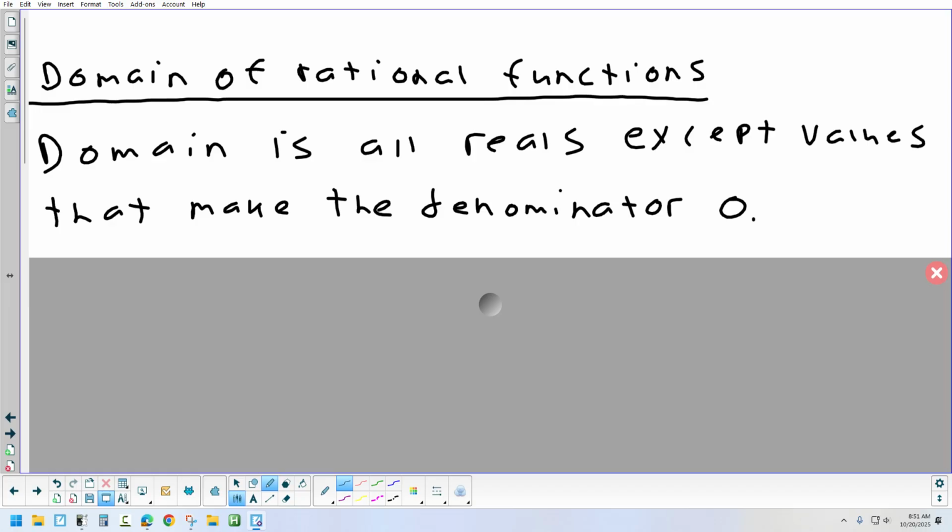So in order to figure out the values that make the denominator 0, we just take the denominator, set it equal to 0, and solve it. Whatever you get when you set the denominator equal to 0, you have to tell me not to use those values. We don't want to divide by 0.